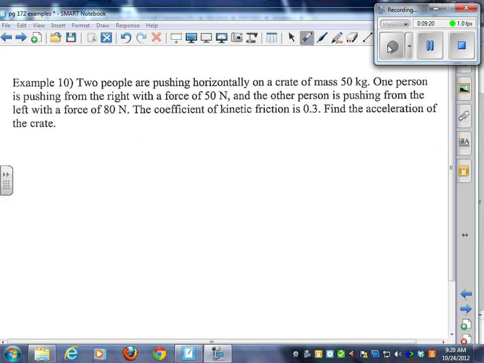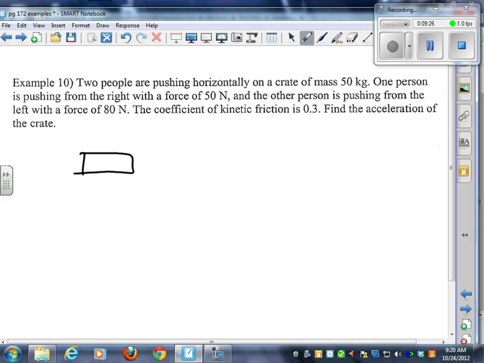Let's draw a picture first. These two people are foolishly pushing against each other. One is pushing from the right with a force of 50, which means that if it's from the right, then it's going left. How about we call that one F1? And then the other person is pushing the other way. I'll call this F2. It's 80, right?